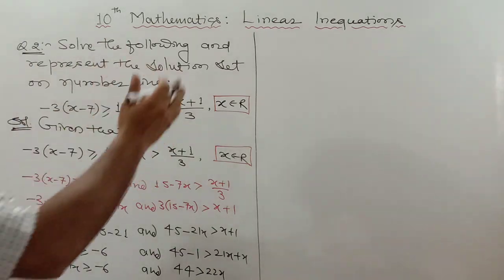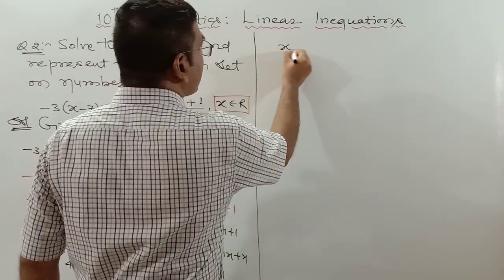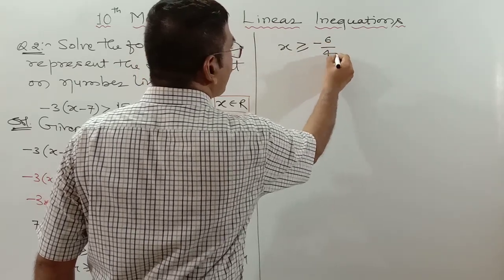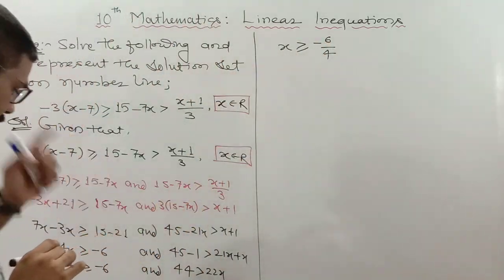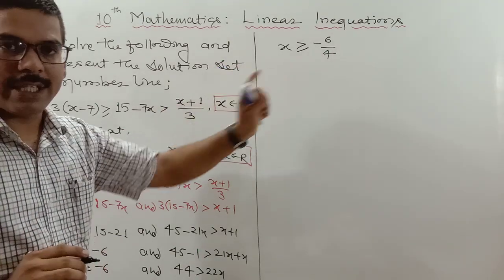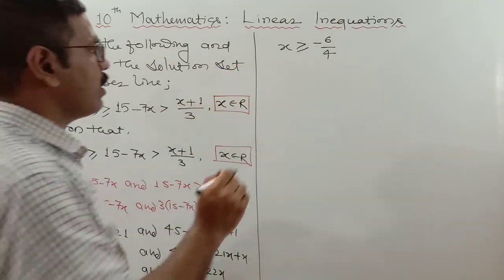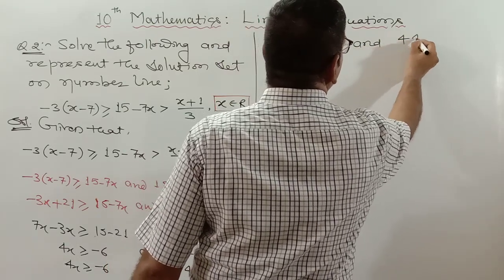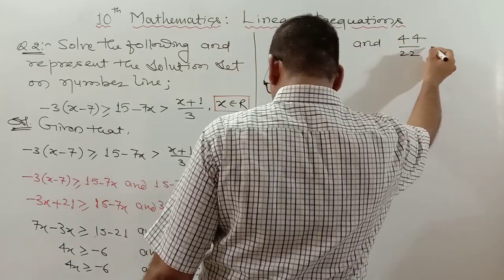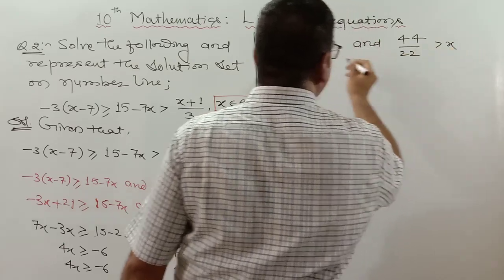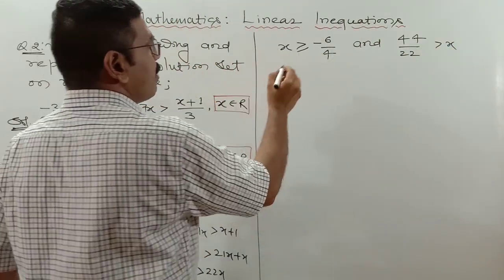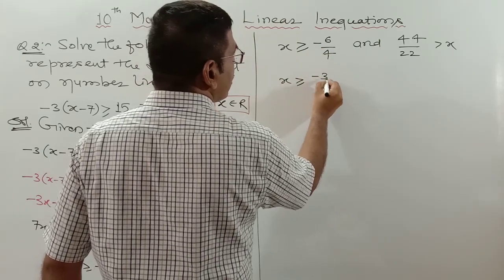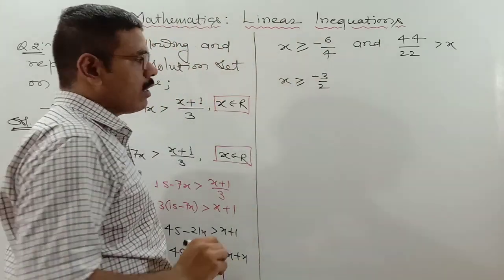Now we are just taking both here. Now x is greater than or equal to minus 6 upon 4. We have just transposed that 4 here, and here 22 we are transposing, and 44 upon 22 is greater than x. So x is greater than or equal to minus 3 by 2, 6 by 4, right?